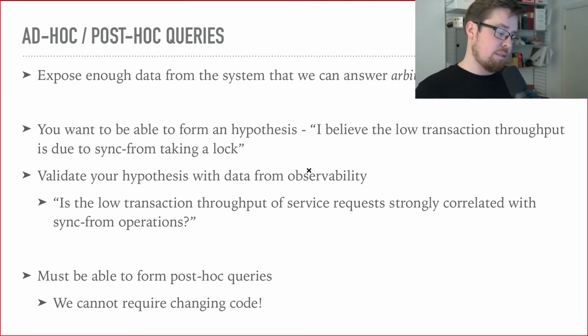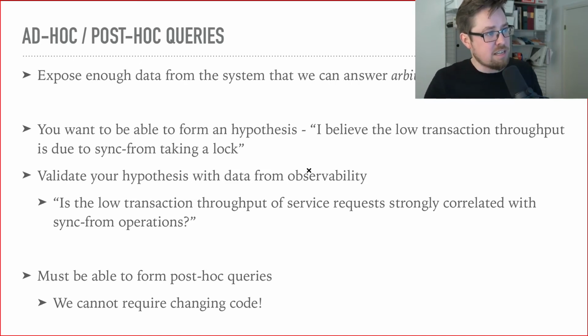I really want to focus on this post hoc query, right? Because what we want to do here is expose enough data from the system that we can answer arbitrary questions, or at least some sensible level of arbitrary questions. You want to be able to form a hypothesis about something. You want to be able to have a gut feeling about how your system behaves, or when you see a behavior, you form the hypothesis, like, is this because of something, right?